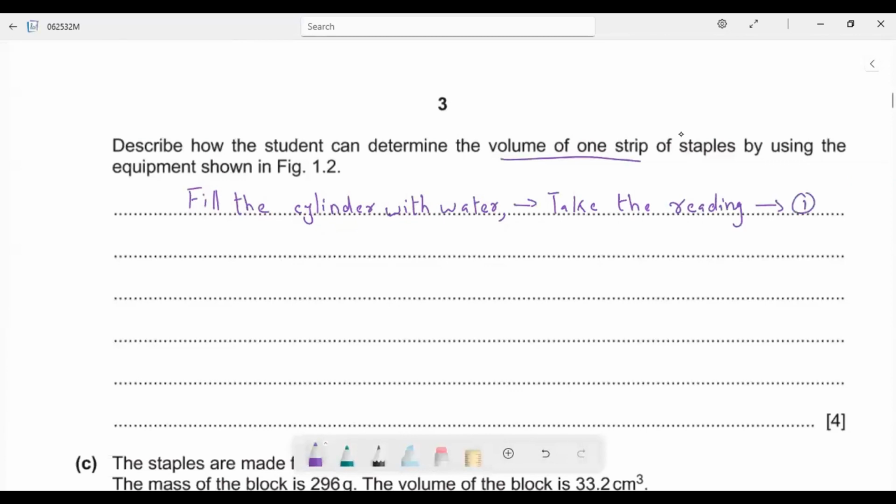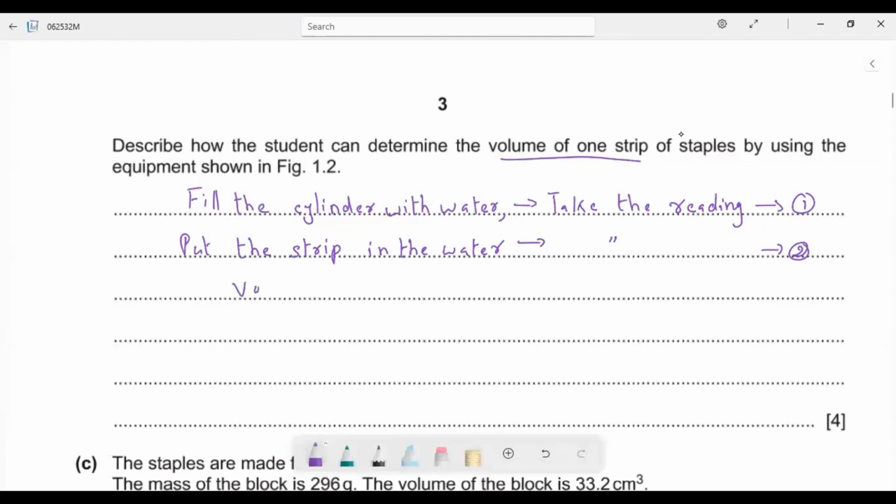So this is your first reading. Then you can put the staples, put the strip in the water. Again, you can take the reading. That is your second reading.